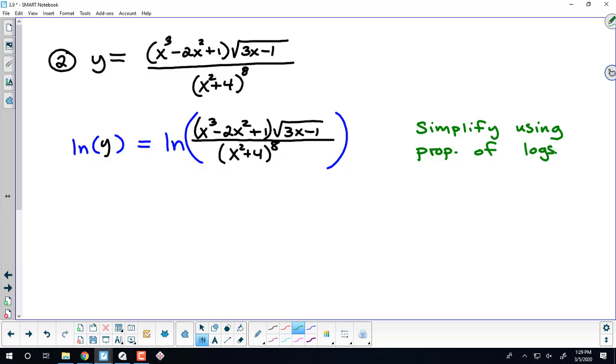So we apply the quotient property first and say that it's the log of the numerator minus the log of the denominator.